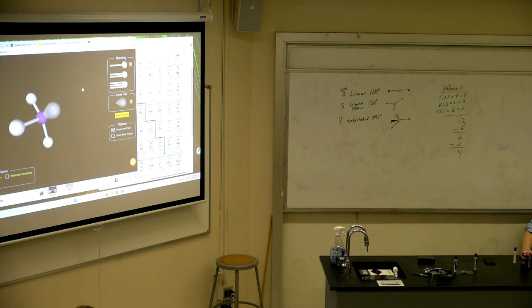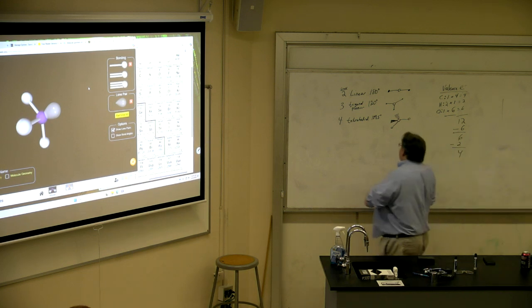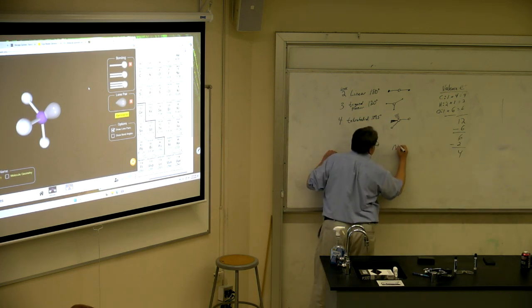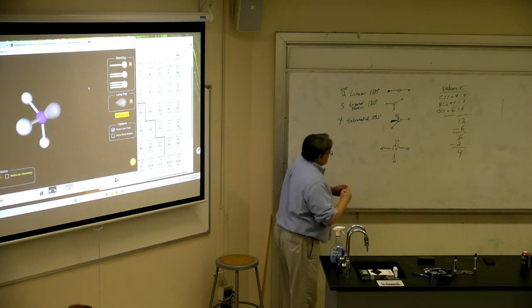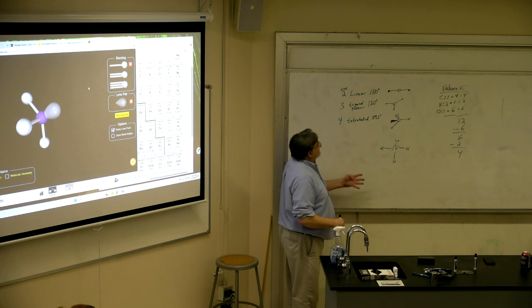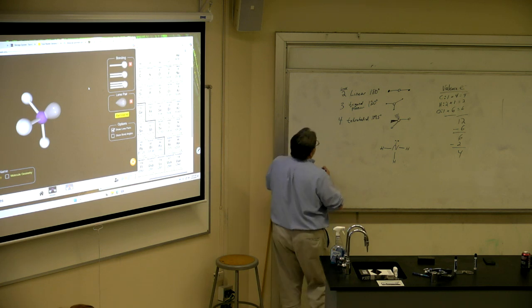Here I've replaced one of the atoms with a pair of electrons. So now I can come up with some better examples. I'm going to move that pair out a little bit and have a little dotted line. So that's showing 4 things, that is 4 groups.